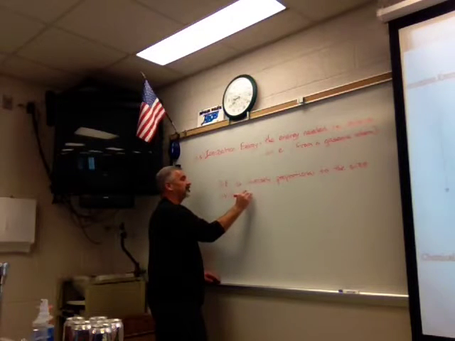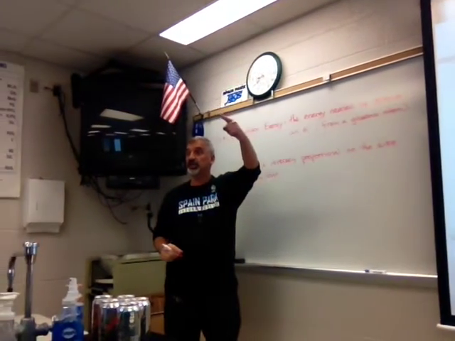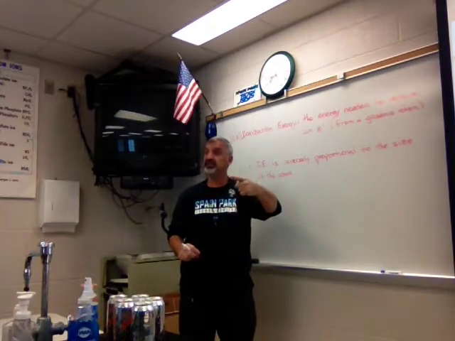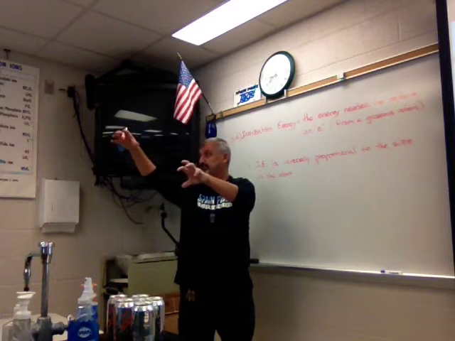Now what does that mean, inversely proportional? As the size gets bigger, the ionization energy gets smaller. It takes less energy because we're always going to be removing that outermost electron first.